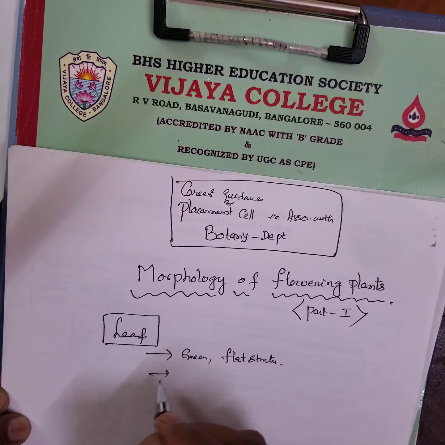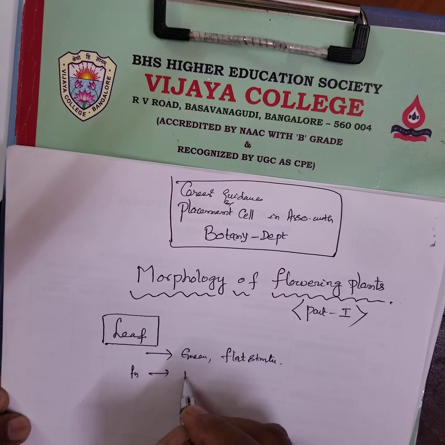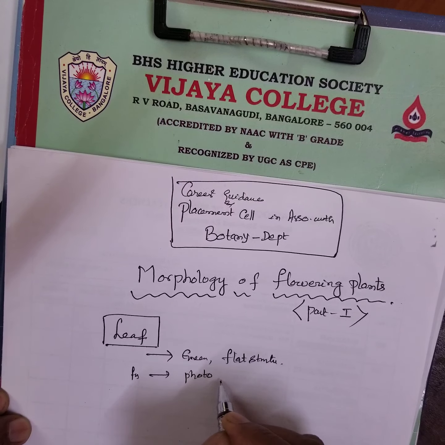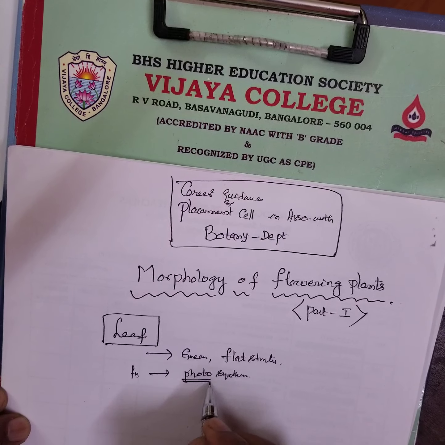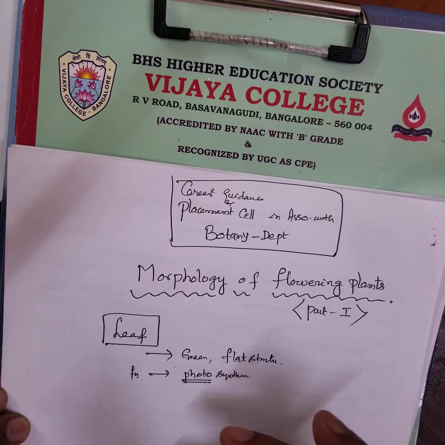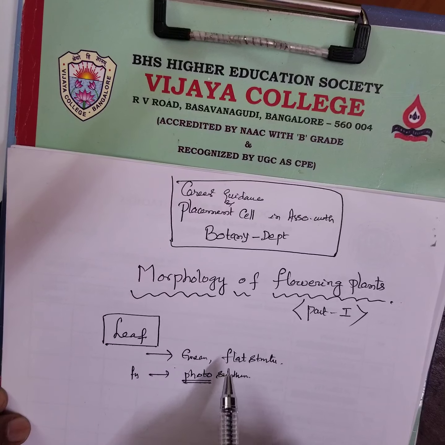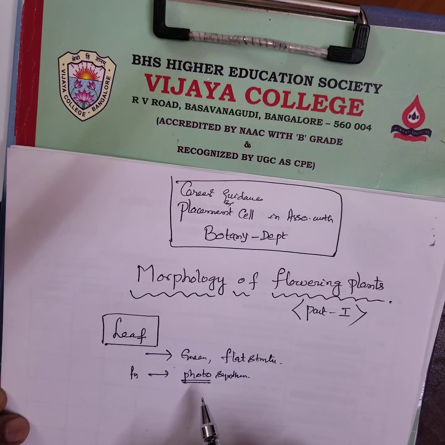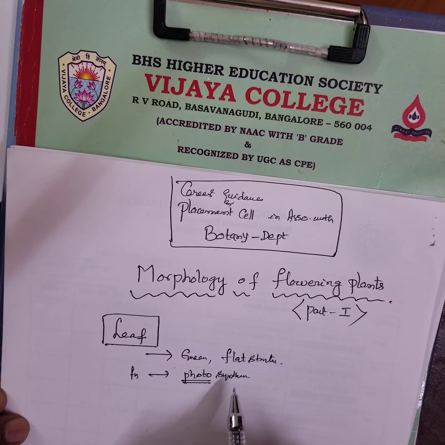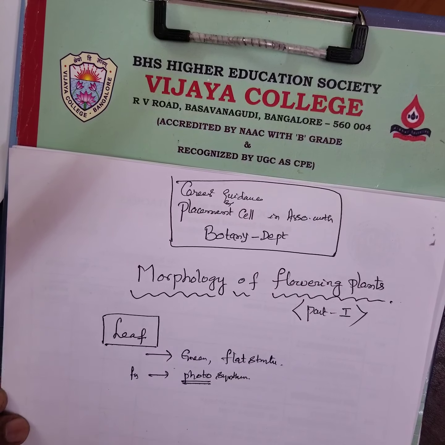What is the function of a leaf? Photosynthesis. Photo represents light. It prepares food using the sun as a source, along with minerals. It's called photosynthesis, you know.